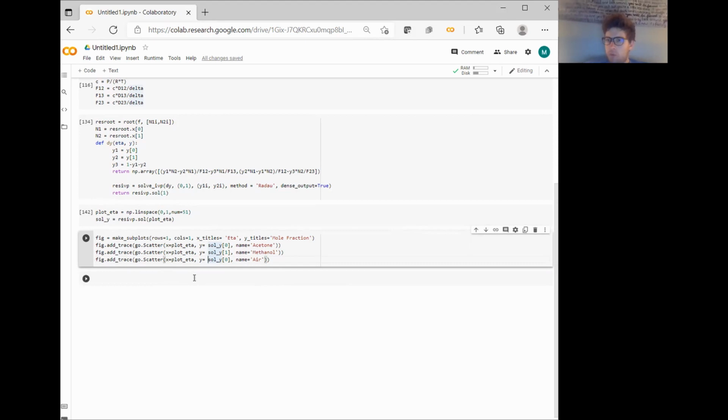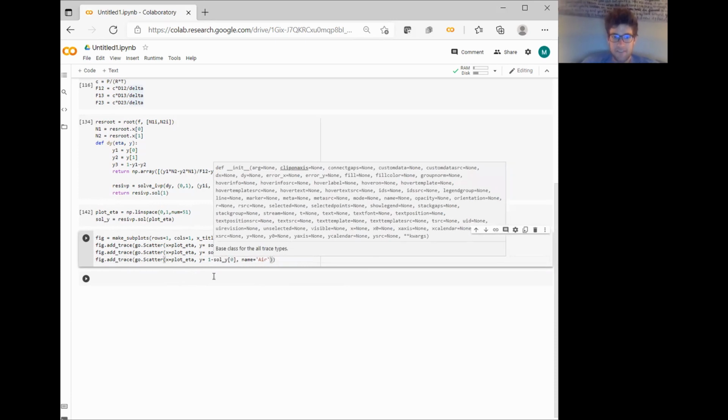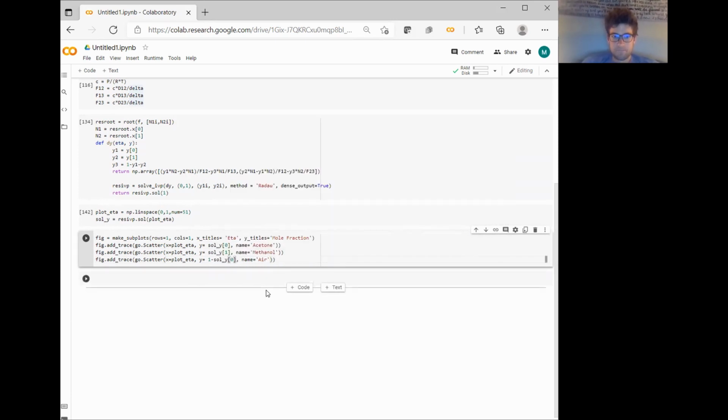But knowing what we know about mole fractions, all we have to do is take 1 minus whatever we get in the array for acetone, and whatever we get for methanol, because they all summed together have to equal 1. And there you have it.